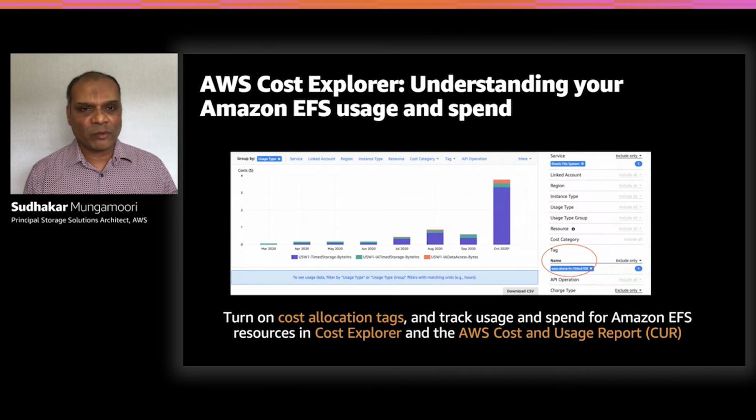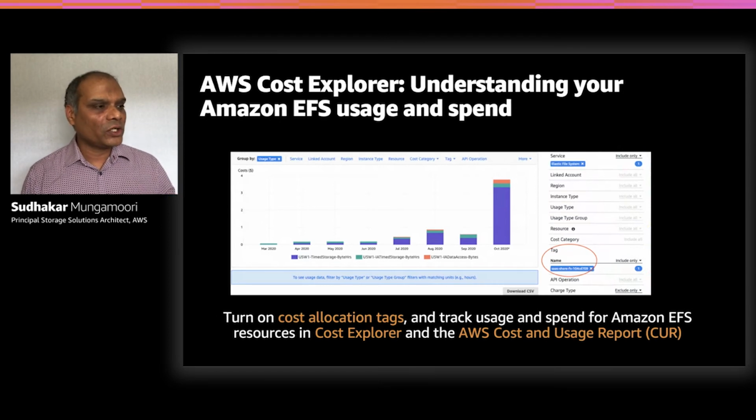If you are not familiar with user-defined tagging or cost allocation tagging, I request you to attend one of the reInvent sessions so that you'll be familiar with those. In addition to Cost Explorer, you can extract the same data to load into your own display or visualization tool through something called Cost and Usage Report, or CUR reports.